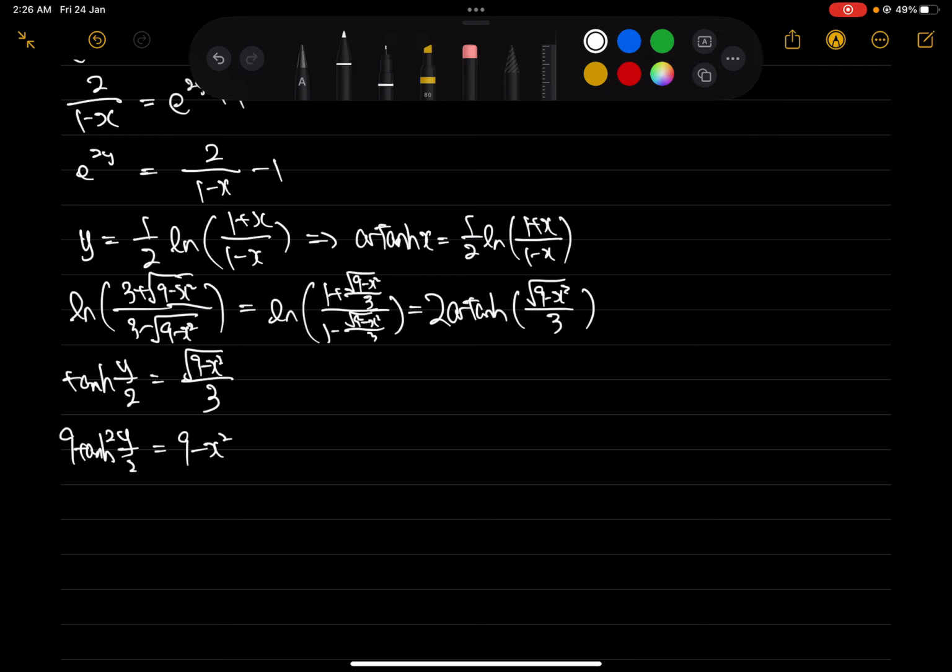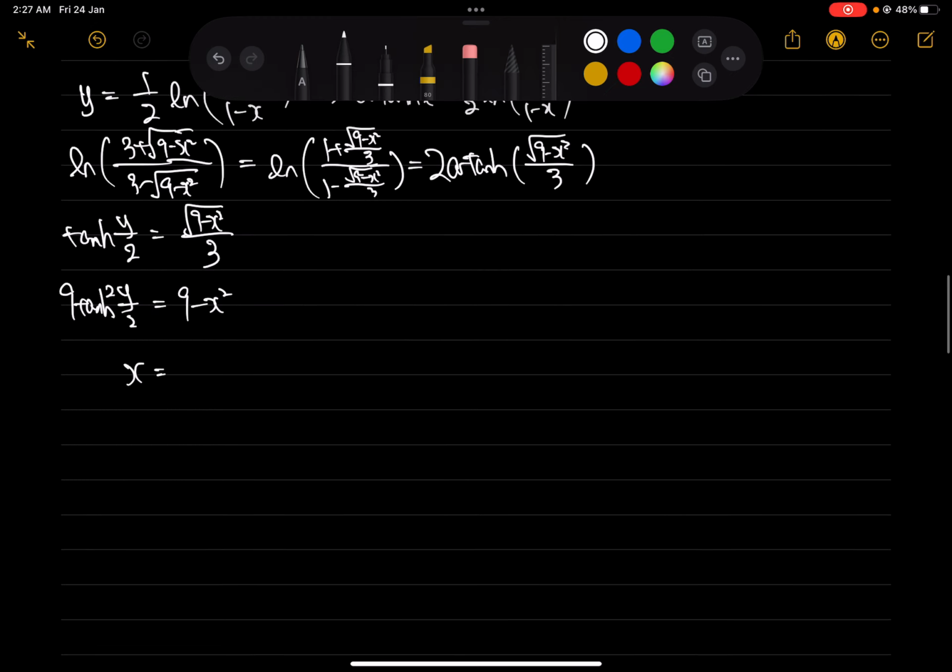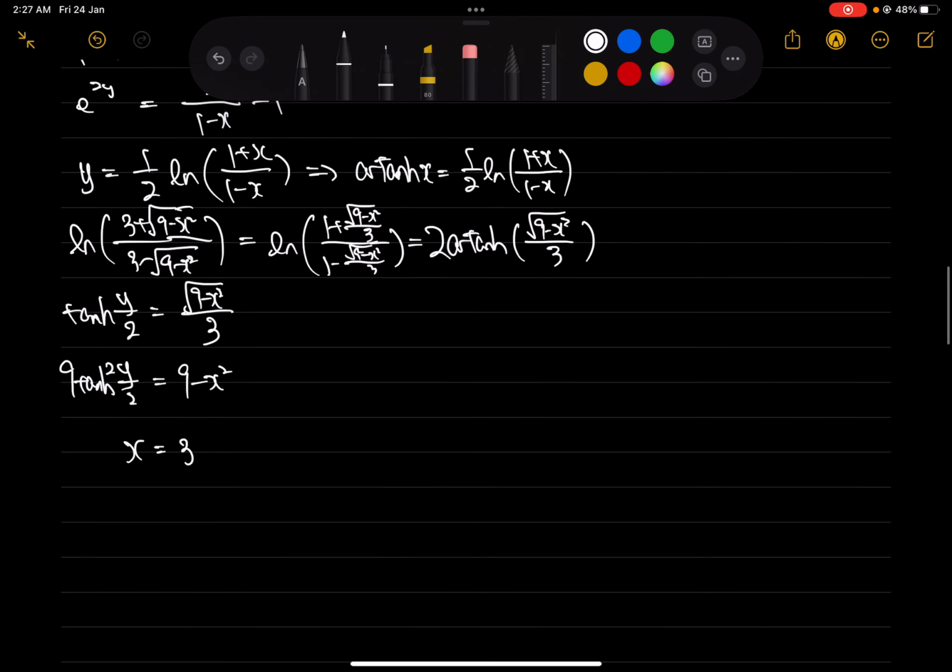And then I believe, hold on, let me think for a second here. I believe x should be 3 times, 3 times, let me think. Wait, hold on. 9 minus, huh? Okay, 9 minus that.